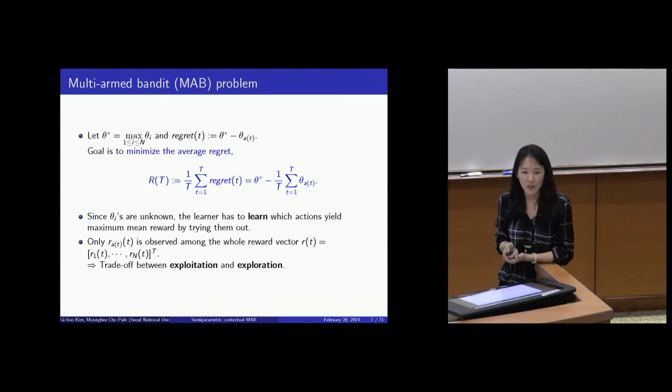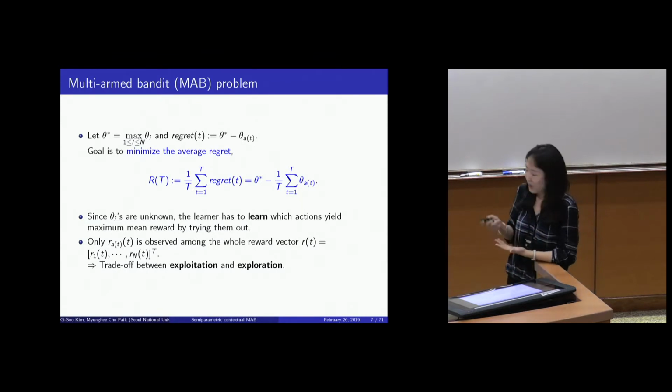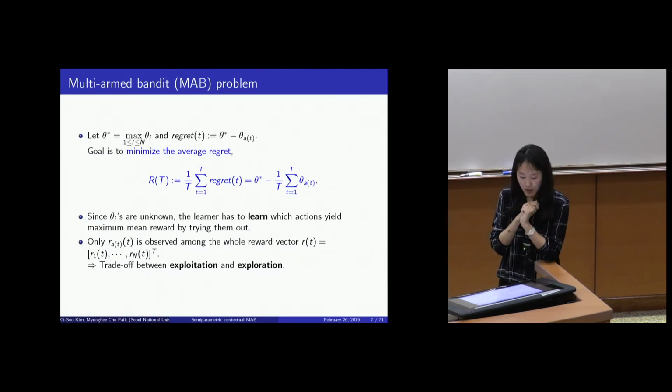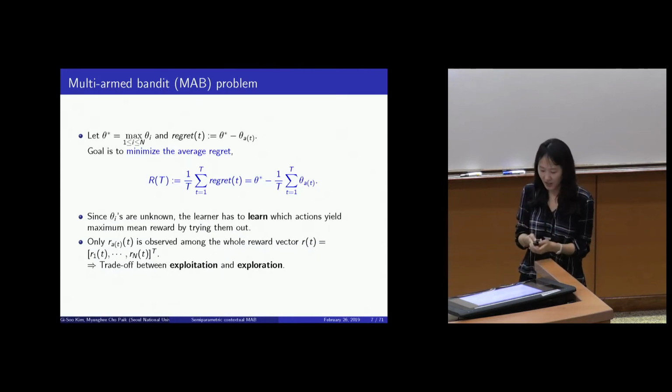But since the values of theta are unknown, the learner's job is to learn these values by pulling arms and receiving rewards. But as we have seen in the news article example, only one reward, R_{a_t,t}, is observed among the whole reward vector. And therefore, the bandit problem is basically a problem of how to balance well between exploitation and exploration.